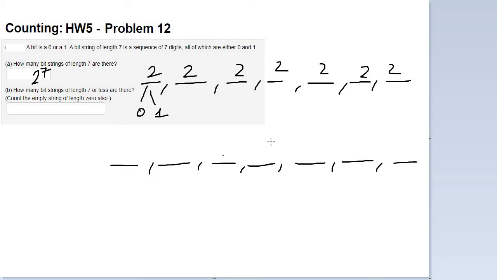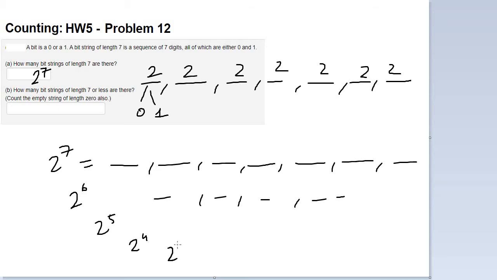For this type of template we can generate 2 to the 7th, and for the next one, which is 6 coordinates, we can generate 2 to the 6th, 2 to the 5th, 2 to the 4th, 2 to the 3rd, 2 to the 2nd, 2 to the 1st, and 2 to the 0th, which is empty. And if we combine this, that's going to be the answer.